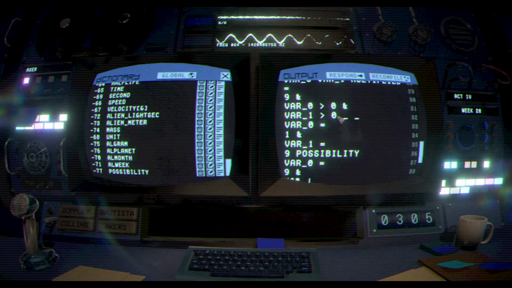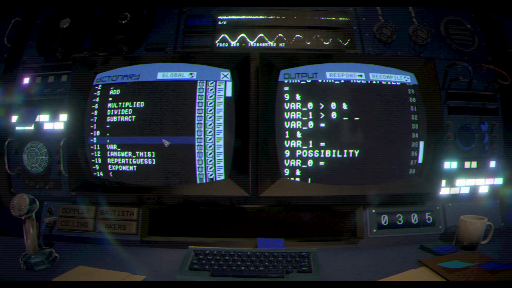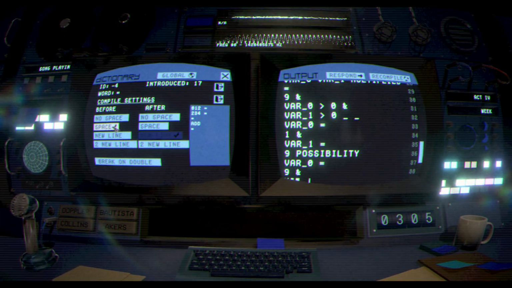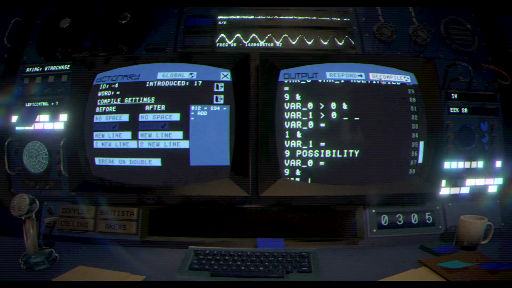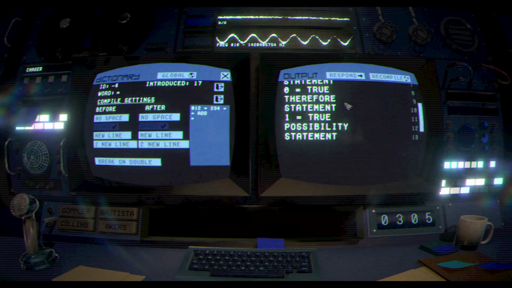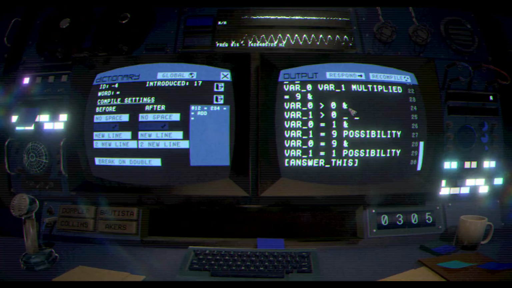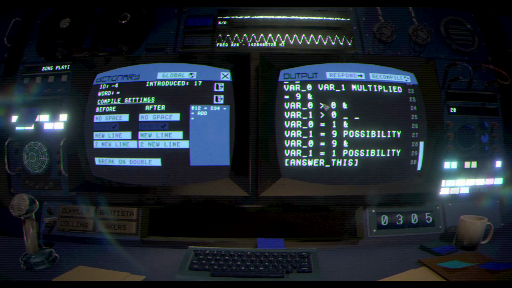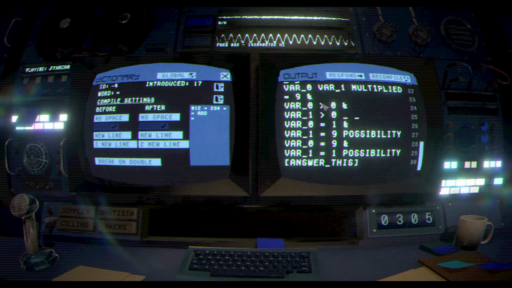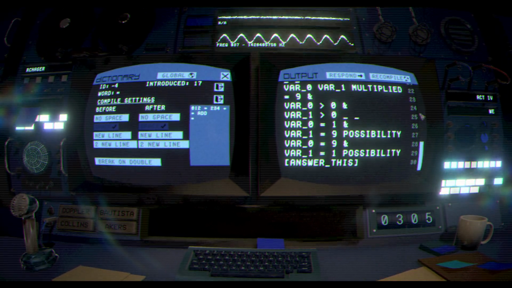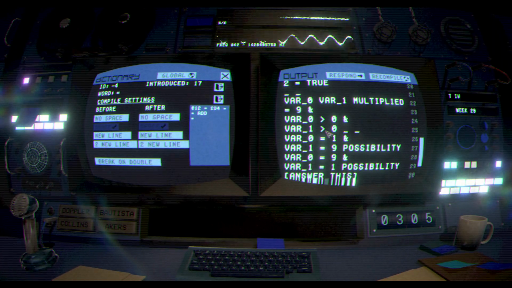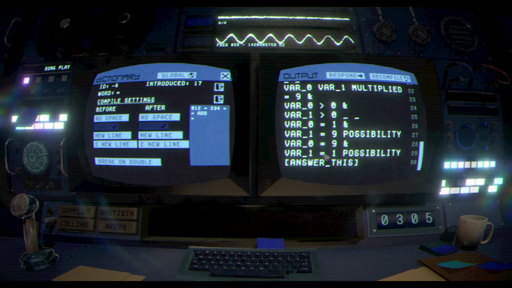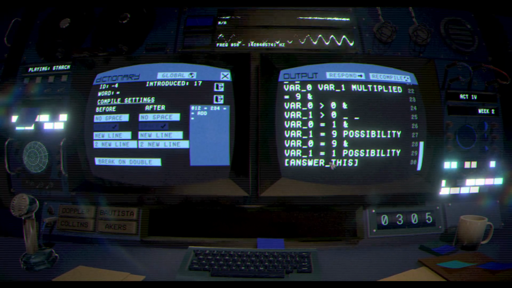So what's different here? Let's change our equals formatting a little bit to be more conducive here. So we assume that they're both greater than 0. Therefore, var 0 equals 1 and var 1 equals 9 possibility. Var 0 equals 9 and var 1 equals 1 possibility.